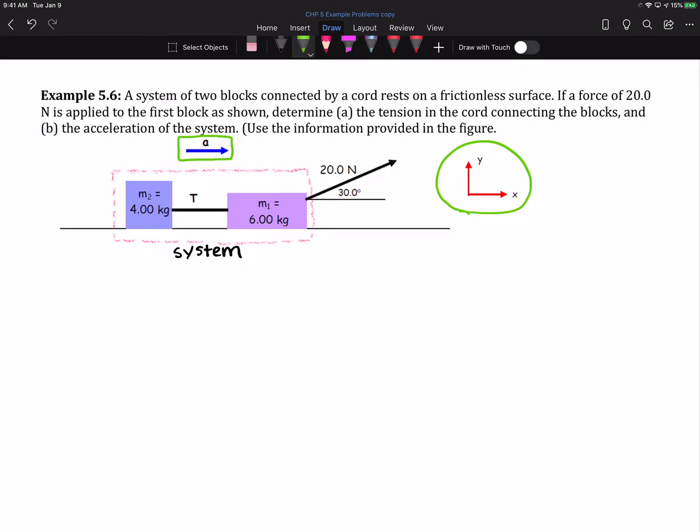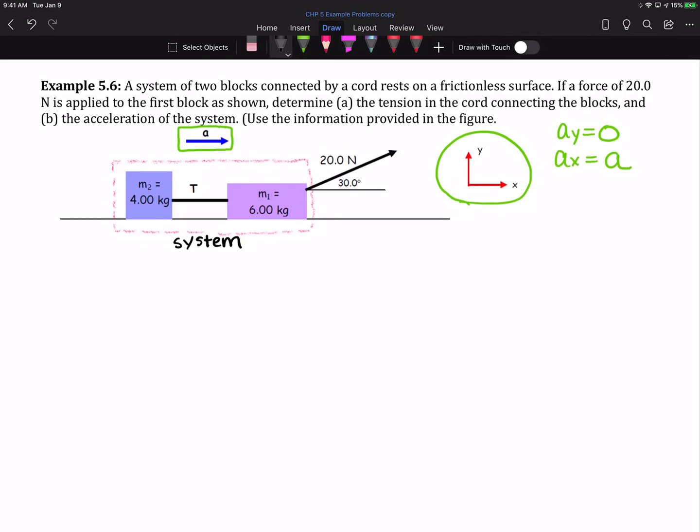The system is likely moving across the floor, so the acceleration is going to be in the x direction. The acceleration in the y direction is 0, and the acceleration in the x direction is what we're looking for, this acceleration a. There's no movement up or down, so the acceleration in the y direction is 0. Let's draw our free body diagram of this system.